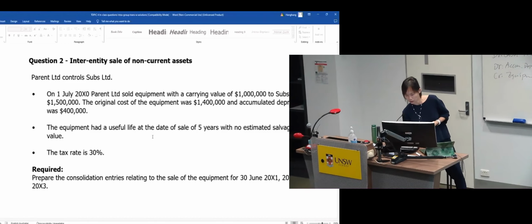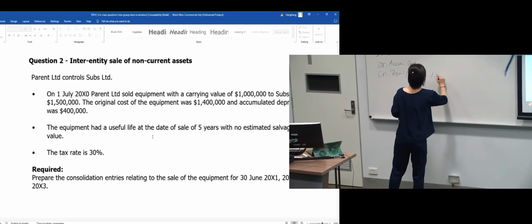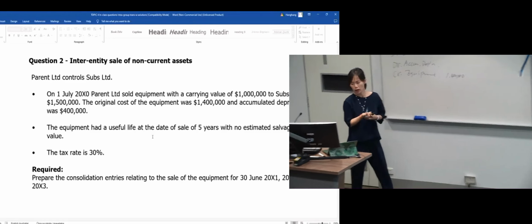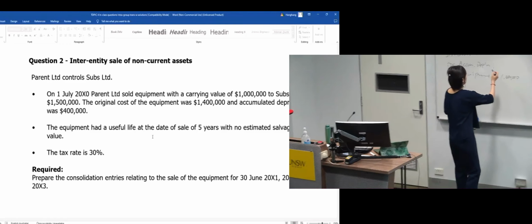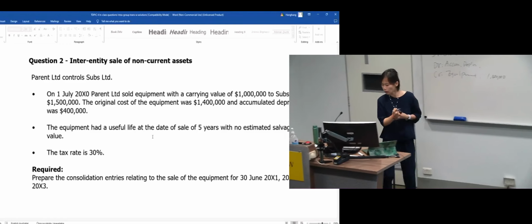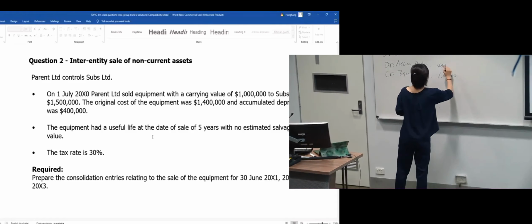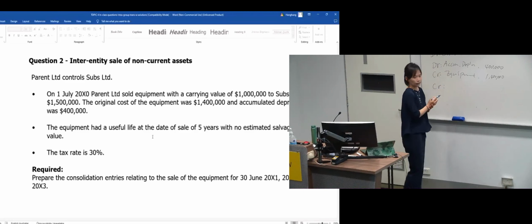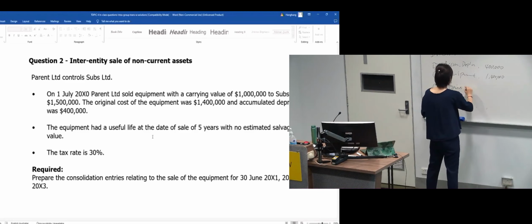The original cost of the equipment is 1.4 million, and the accumulated depreciation is 400,000, right? Okay. Now we should have another credit line of gains on sale. Very good.